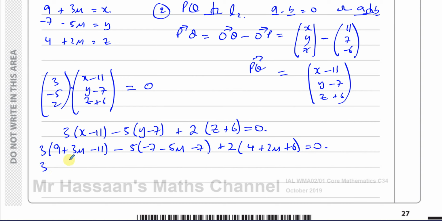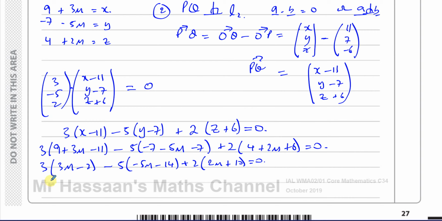So this is 3 times (3μ minus 2), minus 5 times (minus 5μ minus 14), plus 2 times (2μ plus 10), equals 0.